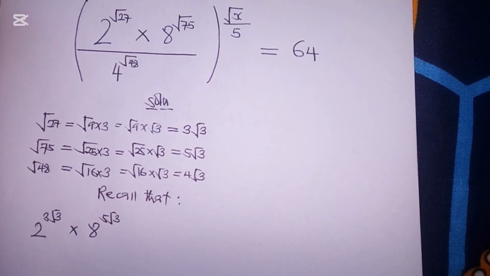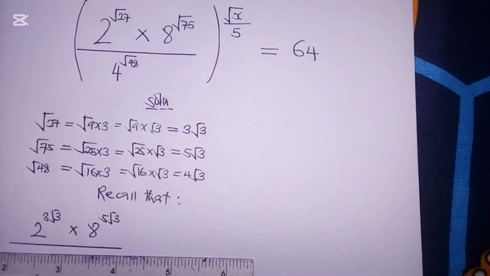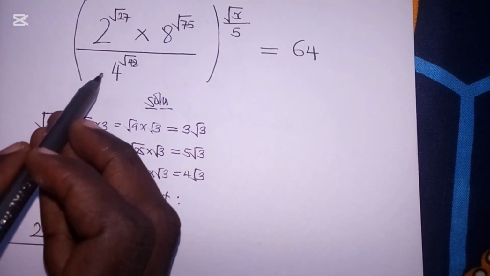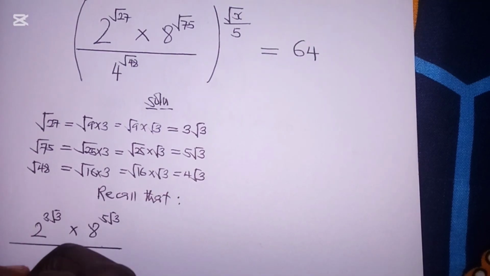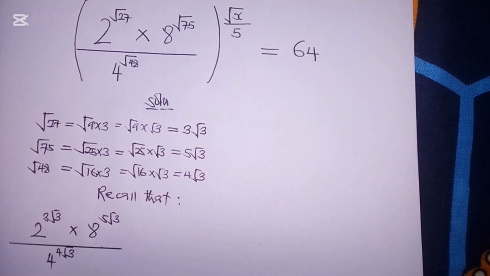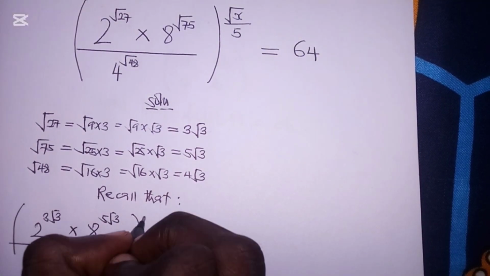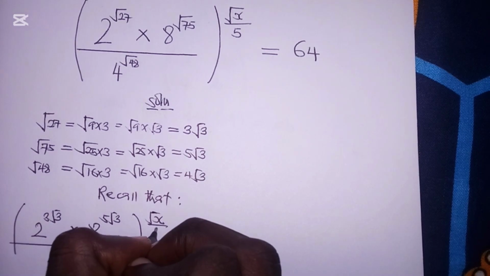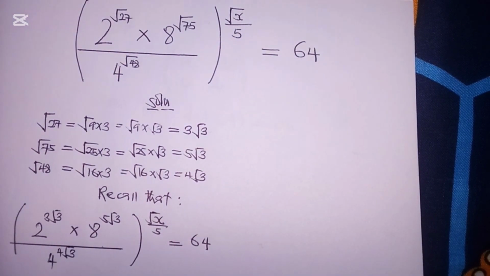Then we divide everything by, instead of 4 raised to the power root 48, we have 4 raised to the power 4 root 3. Then we have everything raised to the power x divided by 5 equals 64. So this is the first step that I have to take.